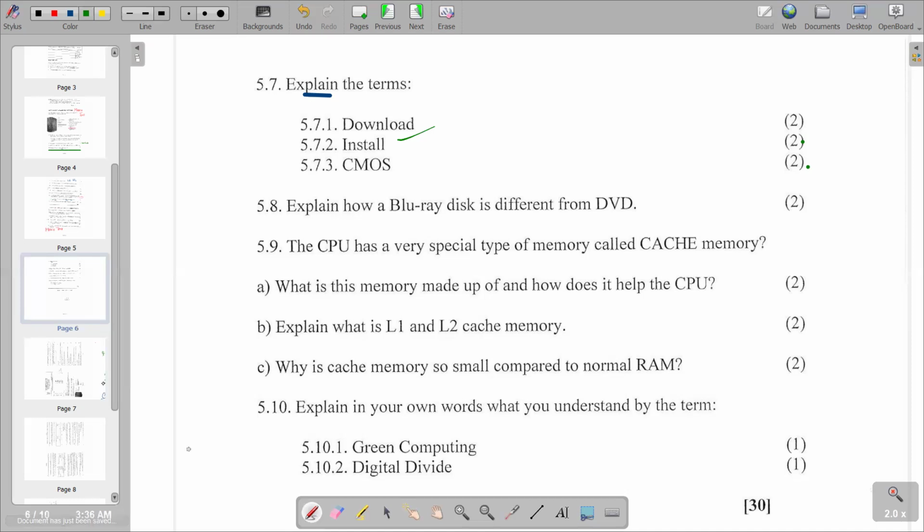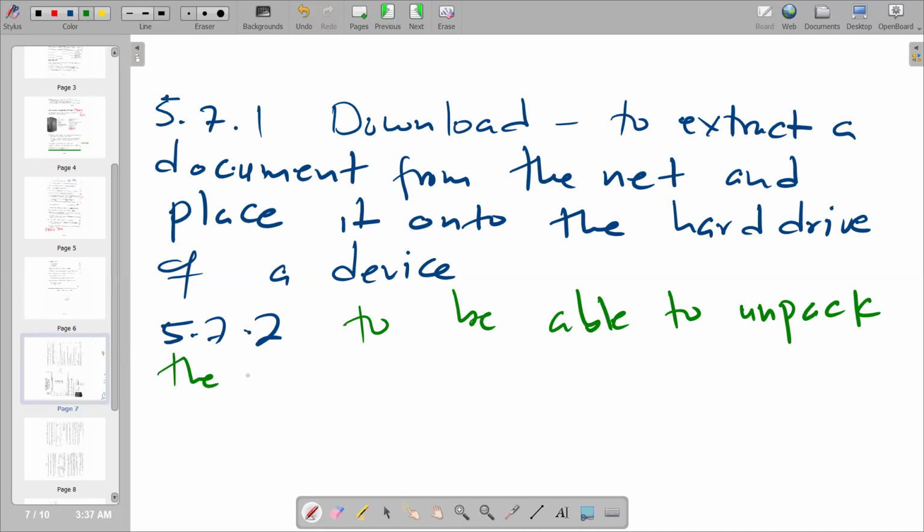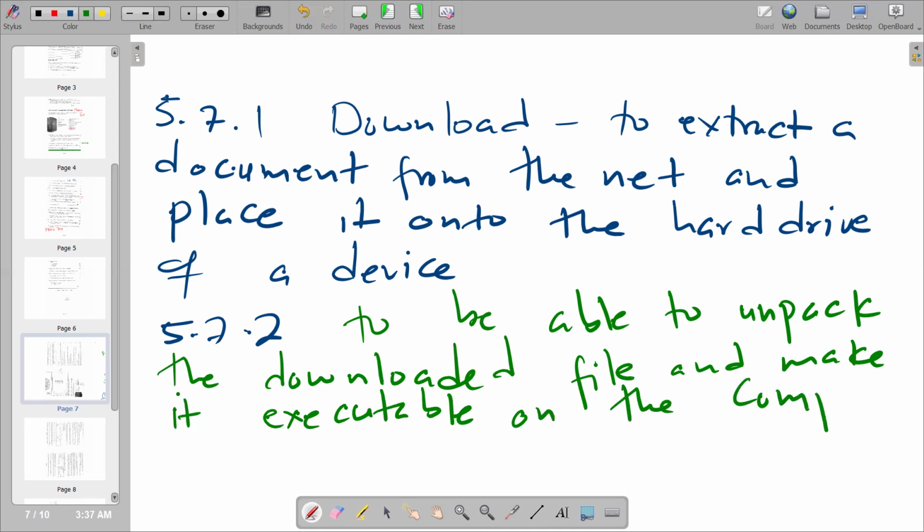So we can just put it in writing by saying to be able to unpack the downloaded file and make it executable on the computer. So basically, that's what we have.